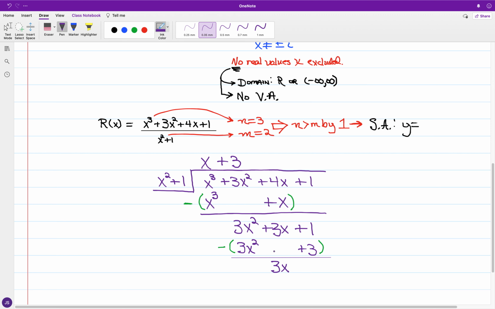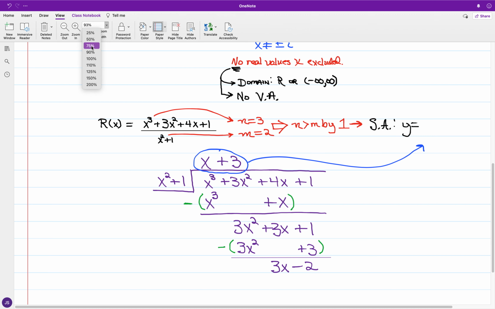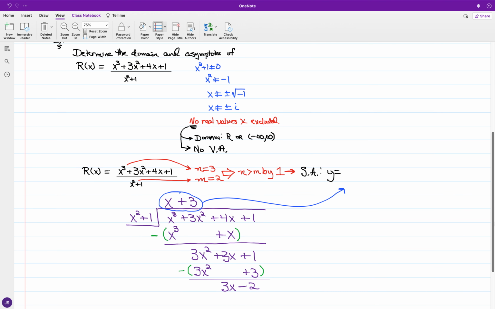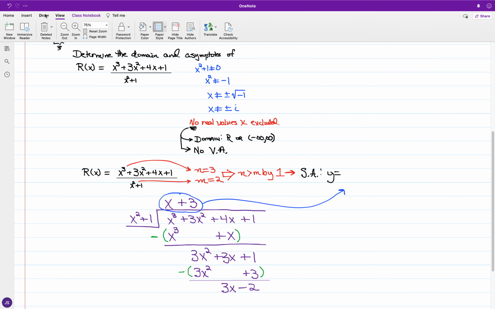And we have 1 minus 3, which leaves negative 2. And I cannot take x squared directly into 3x. So 3x minus 2 will be the remainder. And again, I'm not concerned about the remainder, just the quotient, in terms of what the slant asymptote is going to be. So you have the quotient x plus 3. And so for the slant asymptote here, we have that y is equal to x plus 3.